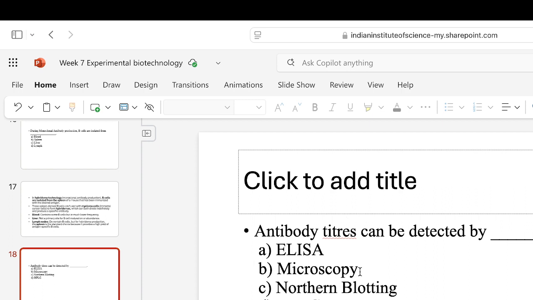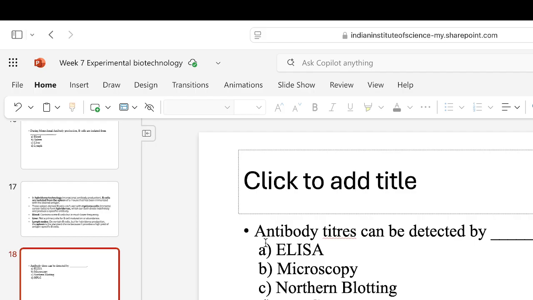Although you can do quantitative studies with microscopy, still antibody titers cannot be detected unless you have it tagged with a fluorescent marker, which normally doesn't happen. And so ELISA is a method because you use antibodies that are specific to your target of interest, and you also have an enzyme like horseradish peroxidase that would illuminate if you give a particular substrate.